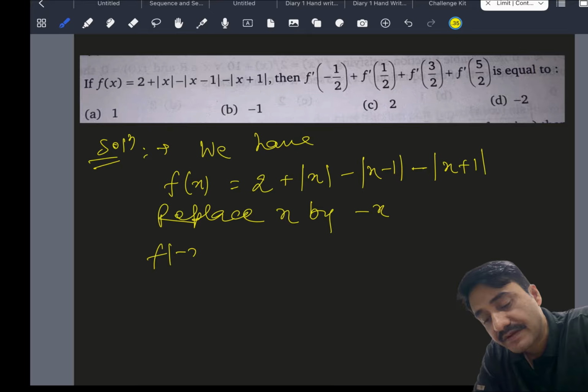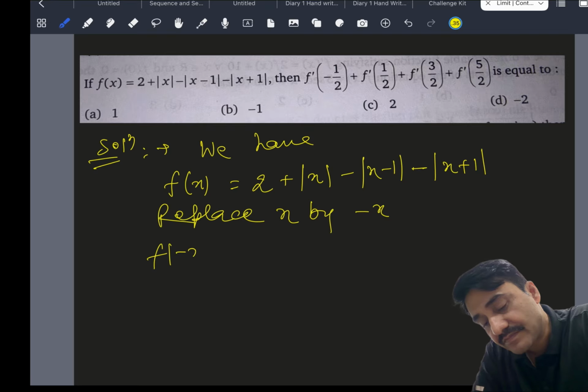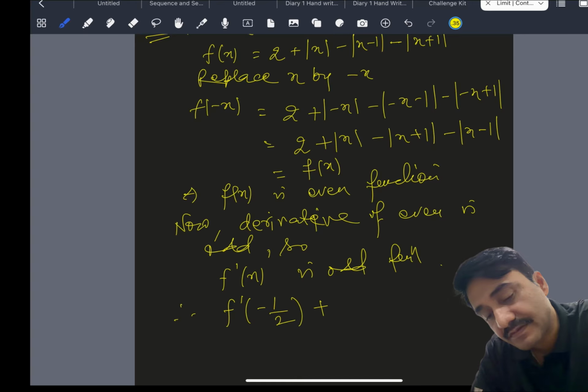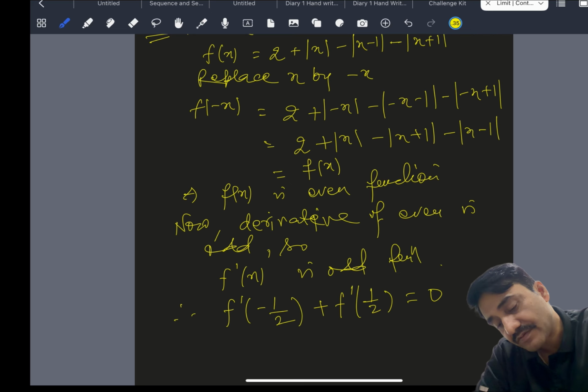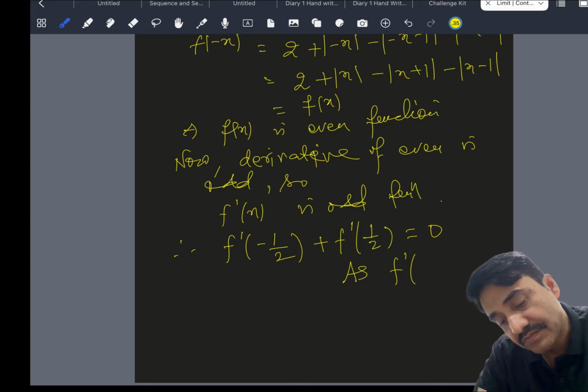by minus x, then it will be f(minus x) is equal to 2 plus this minus this minus this. We can write this 2 plus mod x minus x plus 1 minus x minus 1.